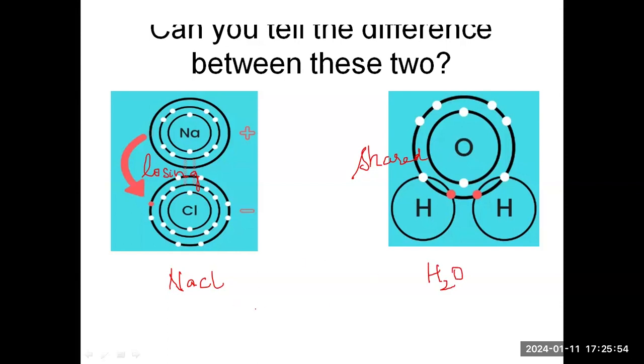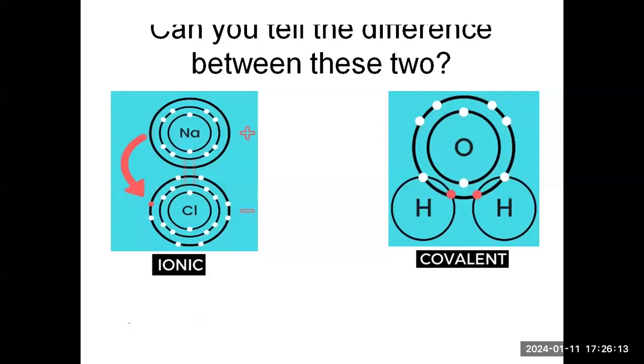So if you remember, we have already discussed this in the last chapter, that the compounds which are formed by transfer of electrons are called ionic compounds, and the ones which are formed by sharing of electrons are called covalent compounds. So this is the basic difference, the first main point of difference between ionic and covalent compounds.